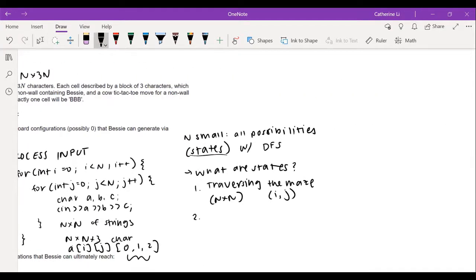And the second piece of information that we have is the tic-tac-toe board, which is what determines when we stop and what is a winning position for Bessie. So for this one, we're going to later need a function that returns a Boolean, and it tells you whether Bessie has won.